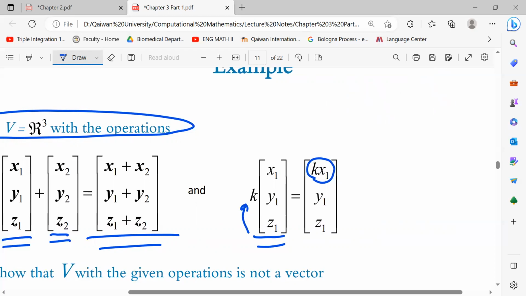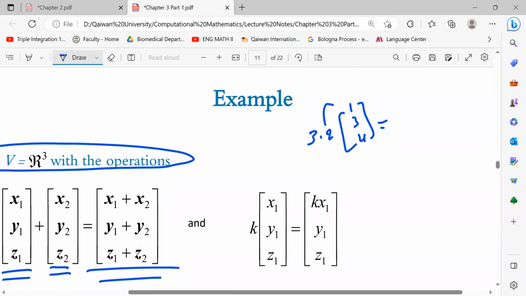Look. What if you have 3 times 2 times (1, 3, 4)? How about this one? If we enter this, we get (3, 2, 3, 4), is it?